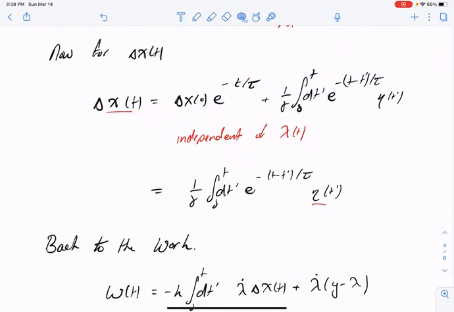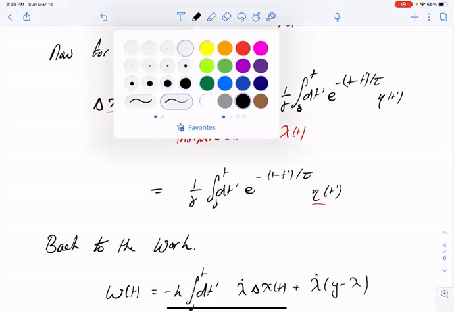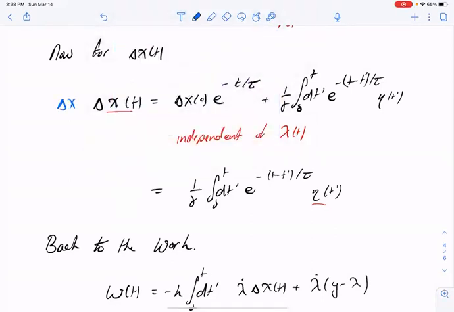If, for example, delta x of 0 were not 0, we leave it finite for the moment, I can multiply both sides by delta x of 0, that squares that.